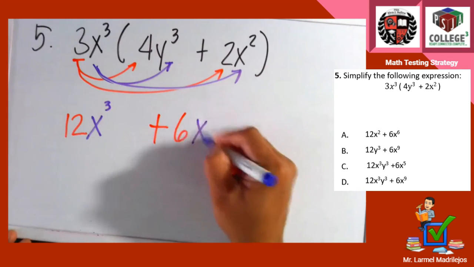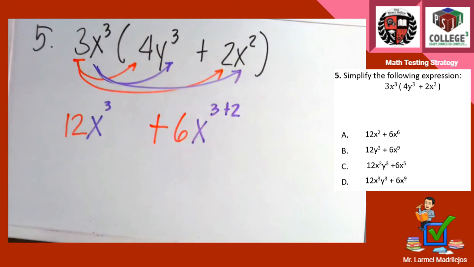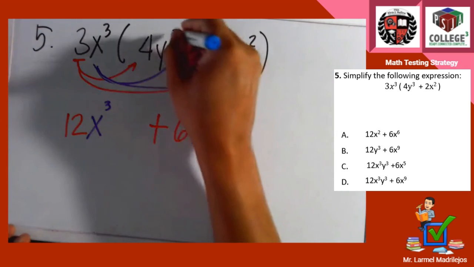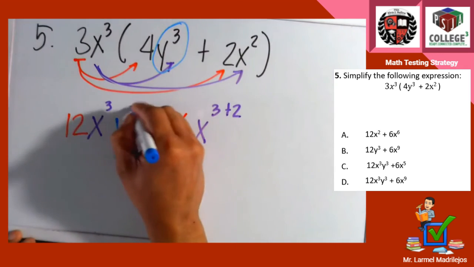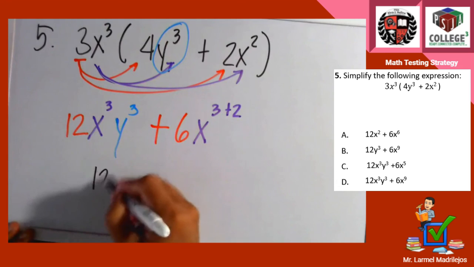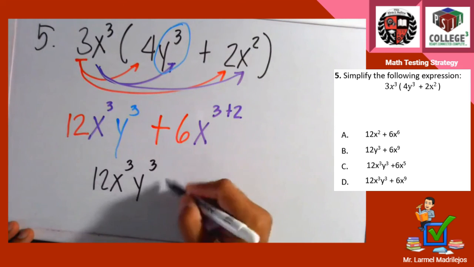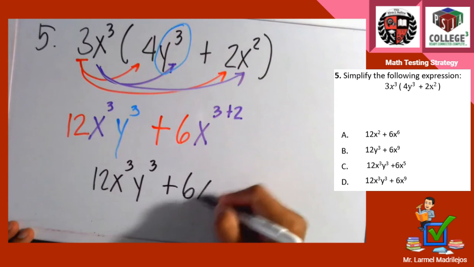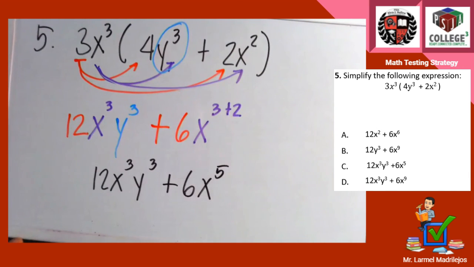So I have x cubed times x squared, and we add the exponents. Finally, I noticed that there is this variable here. I'm just going to copy it there. So let's finalize the answer. So this is going to be 12 x raised to 3, y raised to 3, plus 6 x, 3 plus 2 is 5. And so it's letter C.